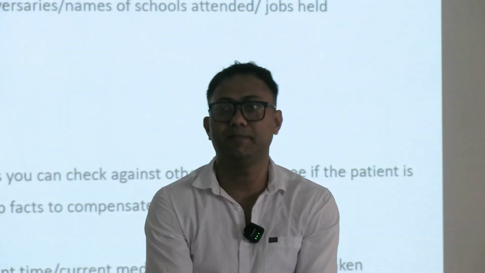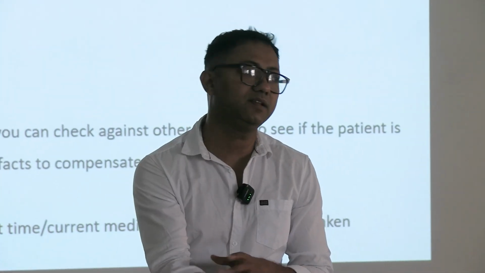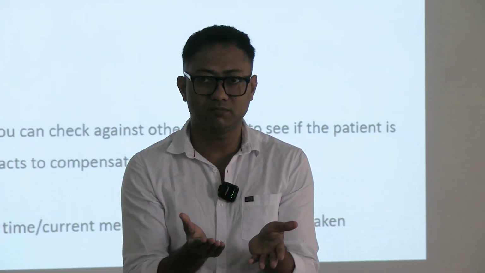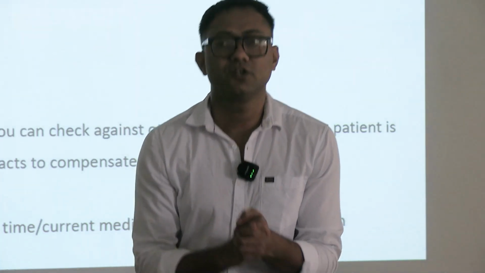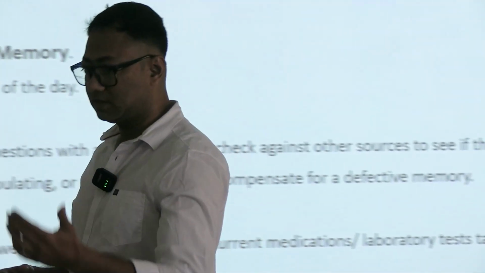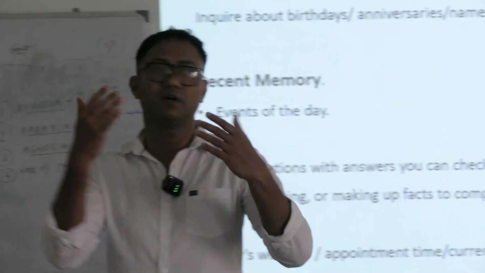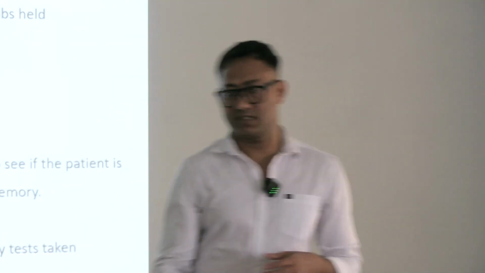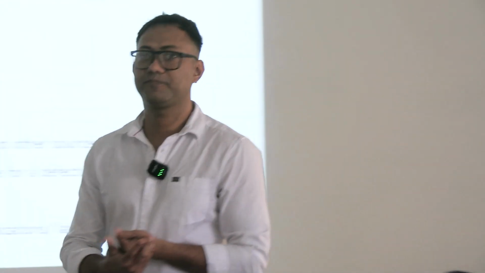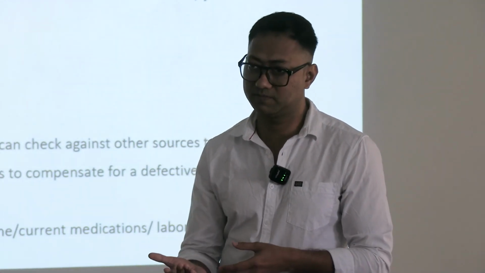Now again I'm telling my number, 9609 and so on, and you tell me my phone number day after tomorrow. So she will retrieve it. If I ask her immediately, she will retrieve from RAS, the reticular activating system. If I ask her after 2 days, day after tomorrow, then she will retrieve it from the hippocampus.